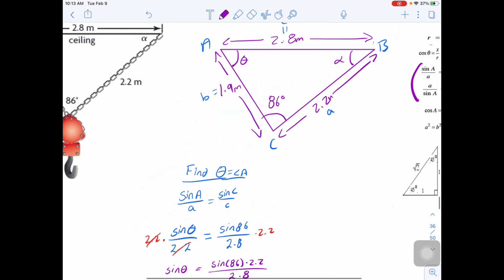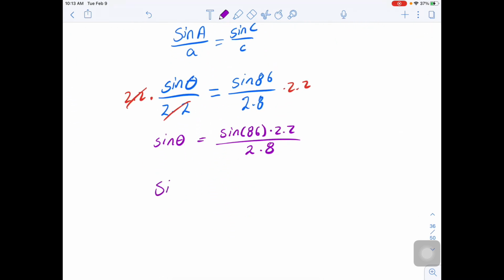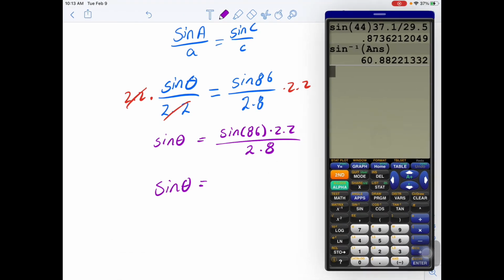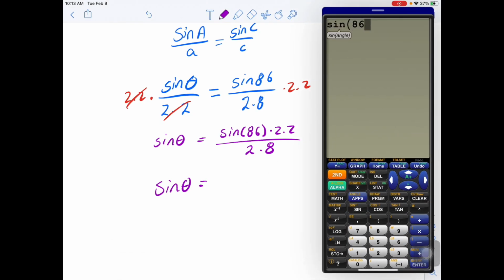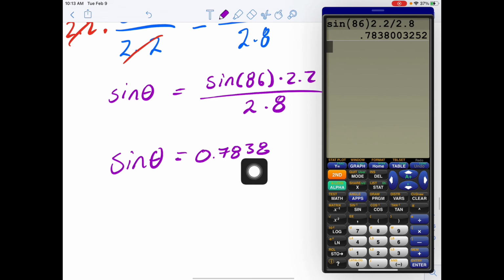So let's just make sure everything's all good. Looks like it. So sine theta will equal sine 86 times 2.2 divided by 2.8. That gives me 0.7838. Now recall, this is the ratio, not the angle.